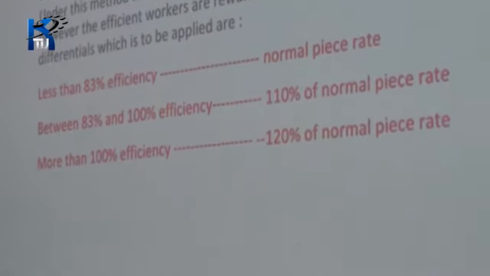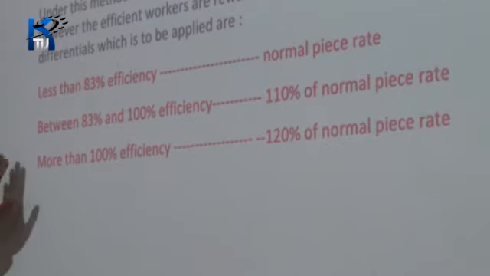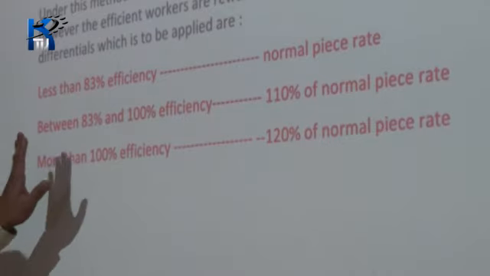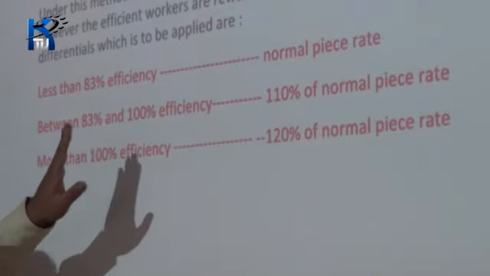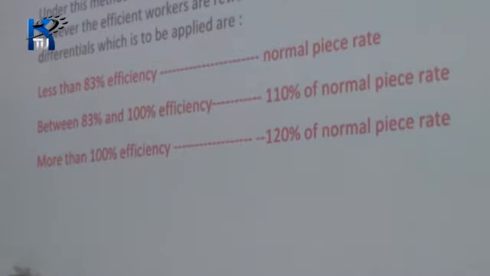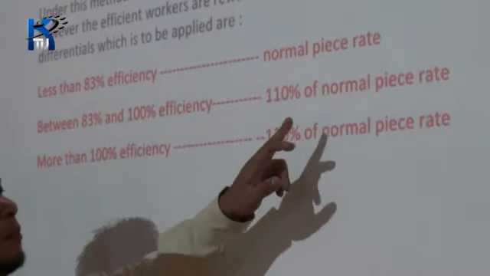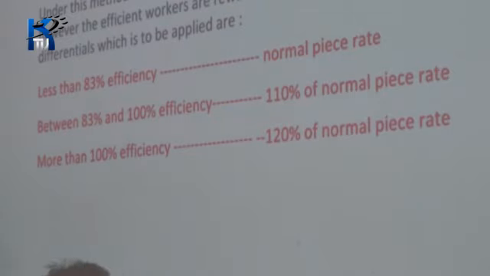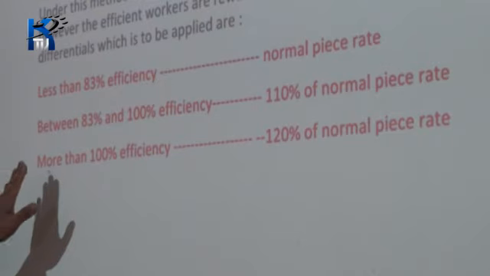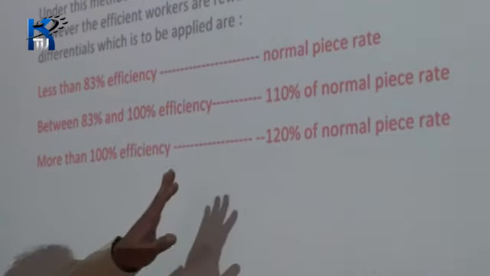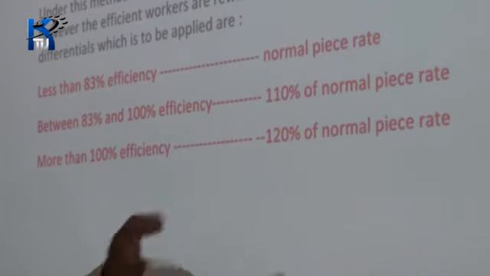They are being given the same piece rate. If any worker whose efficiency lies between 83 and 100% efficiency, 110% of normal piece rate is given. And those workers who have more than 100% efficiency are being given 120% of normal piece rate.